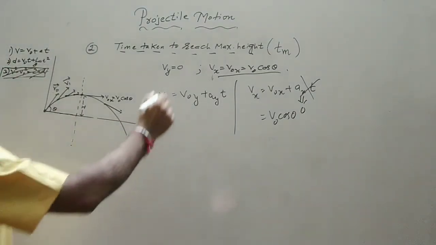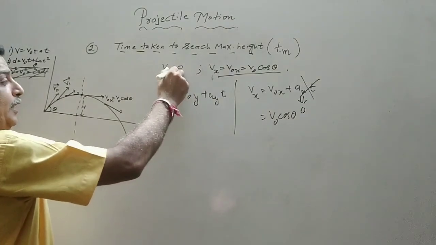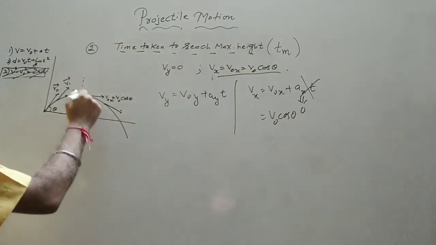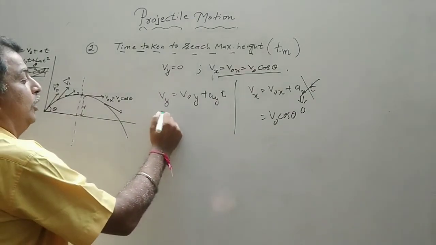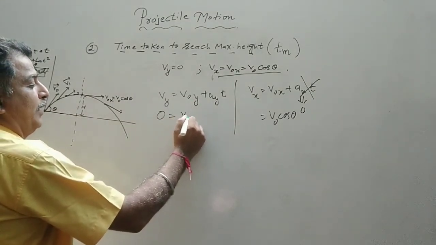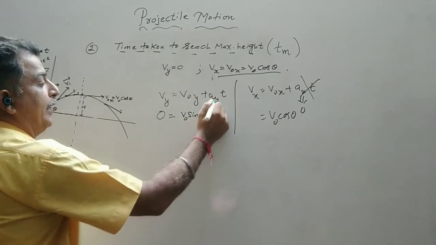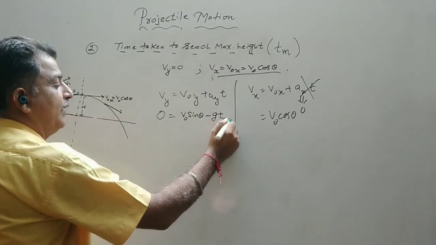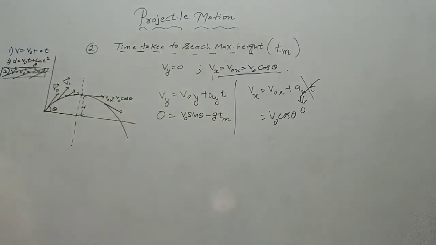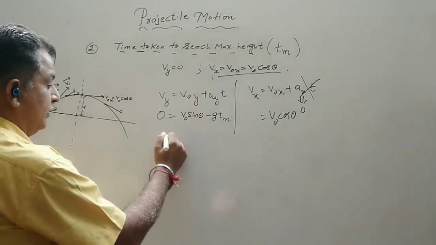Now the velocity at the highest point, not a final velocity, it is the velocity at the highest point, and that also the y component, is 0. V naught y can be written as V naught sine theta. Ay can be written as minus g, and t can be denoted by Tm, where Tm will be read as the time taken by a projectile to reach the maximum height.